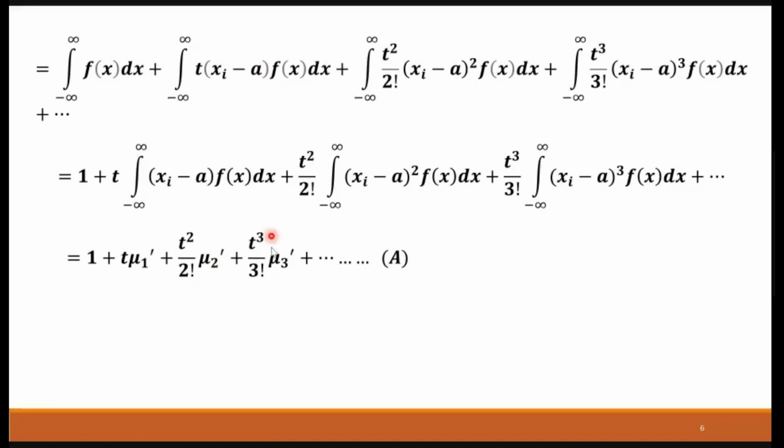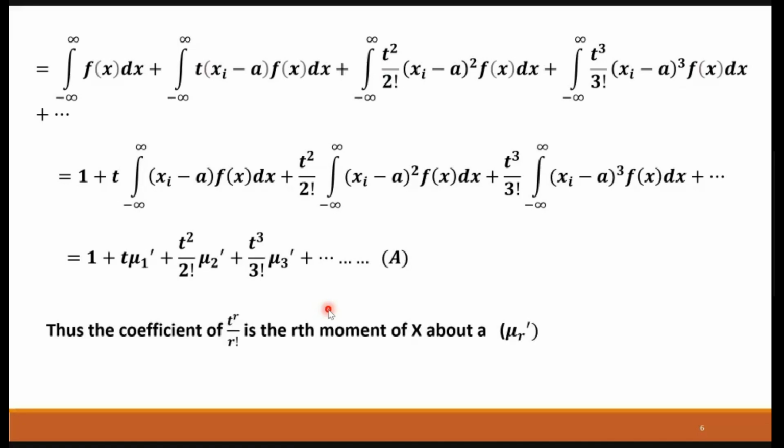This is actually mu 3 dash is the coefficient of t cube upon 3 factorial. Mu 5 dash will be coefficient of, तो हमको expand करके देखना पड़ेगा what is the coefficient of mu 5 dash, for that you require the concepts of expansion of functions. Okay, so just to avoid that, one more method is used to calculate the moments.